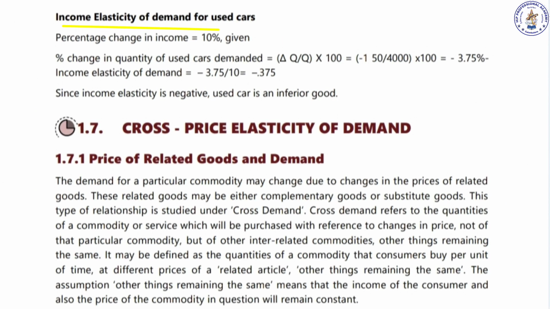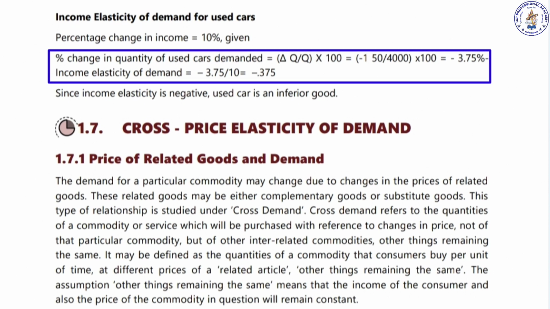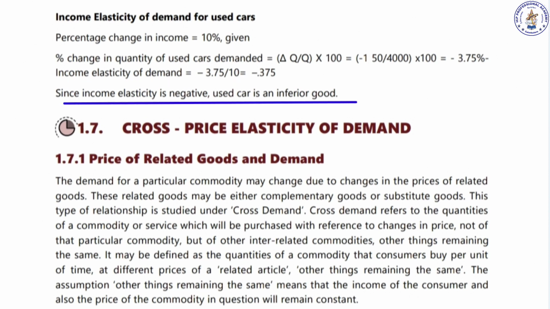Whereas when we compare for the used car, again the percentage change in income is 10%. The quantity of old cars demanded has reduced to 3,850 from 4,000. So the percentage is minus 3.75. That means it is an inferior good. It is a negative impact.